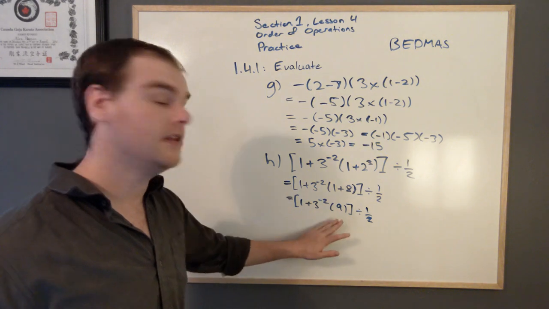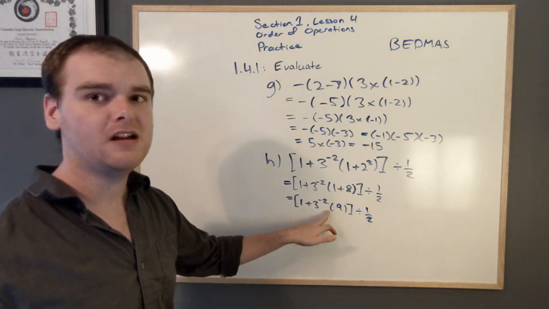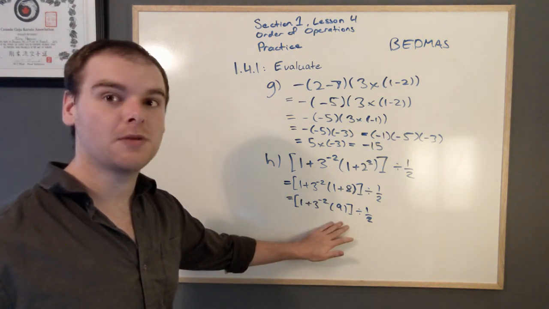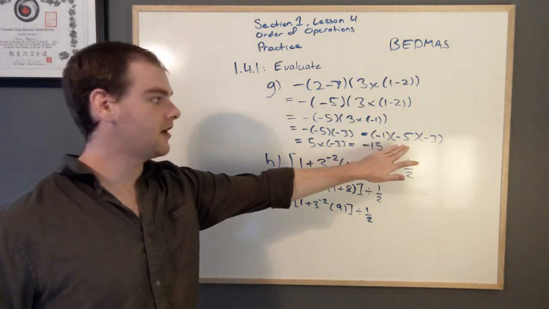Now I could drop the brackets now if I want and put a little multiplication symbol in here. Because it's an implied multiplication, I'm not going to do that. I'm just going to leave it as is with the brackets up, sort of like how I had the brackets up here.